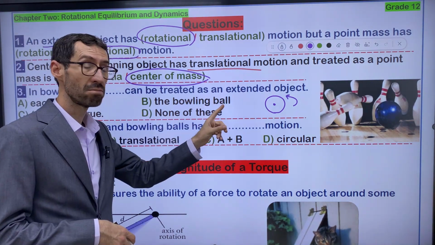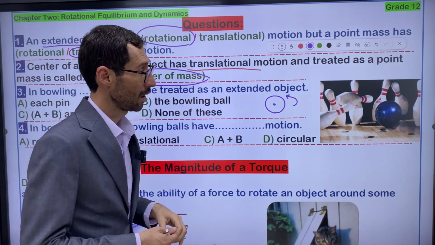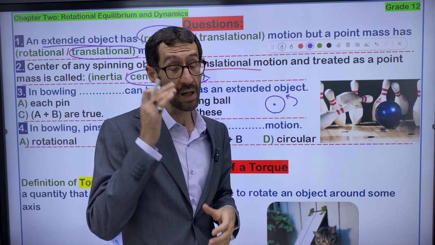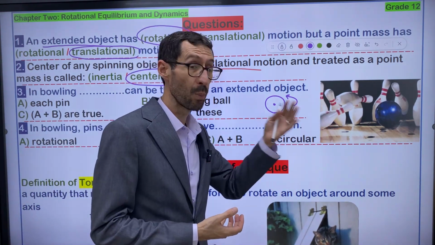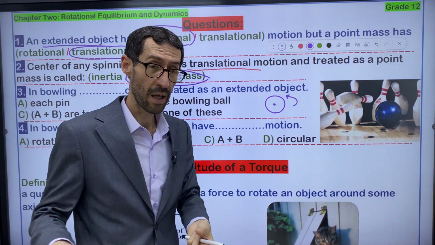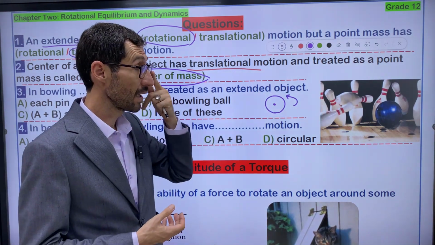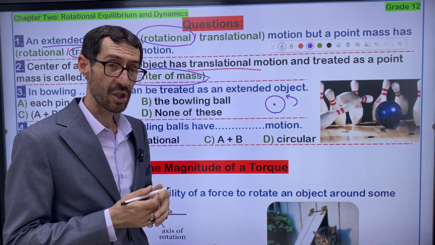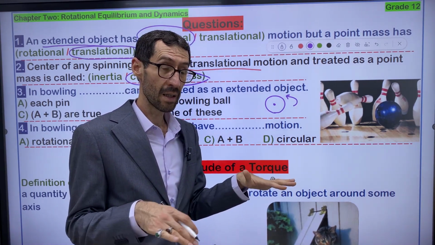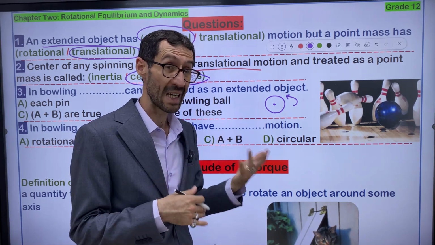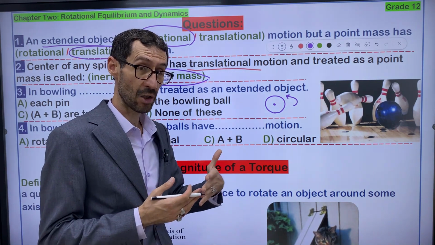The bowling ball, of course, is considered to be an extended object, because whenever the person throws the bowling ball toward the pins, because of friction between the bowling ball and the surface, the bowling ball rotates. It does not slide across the surface.